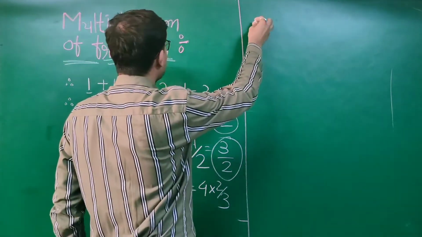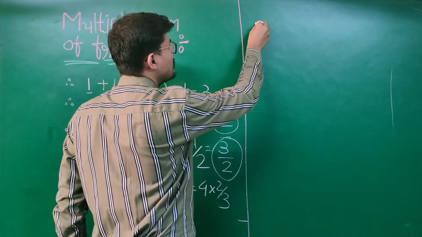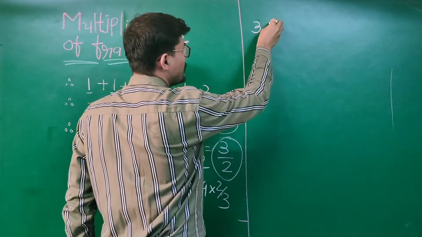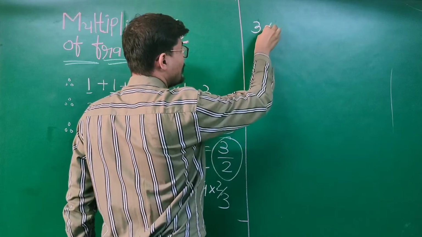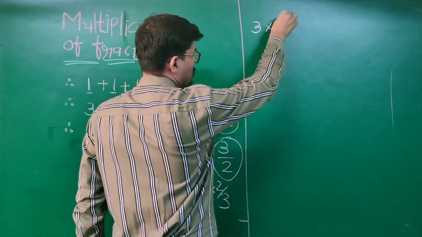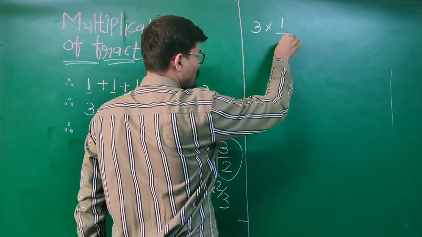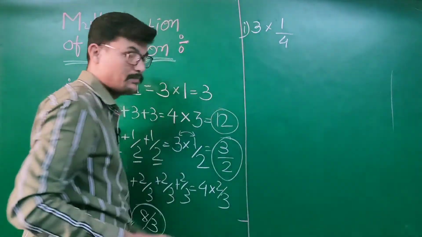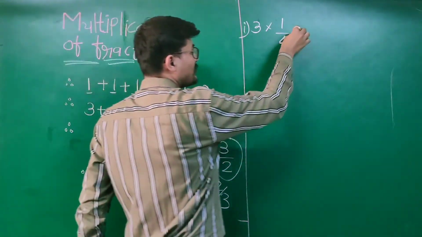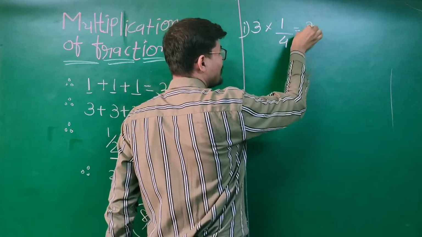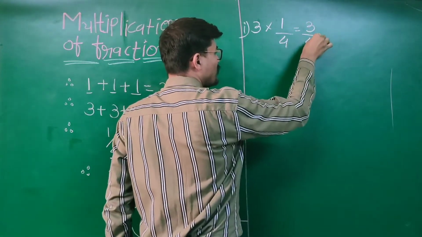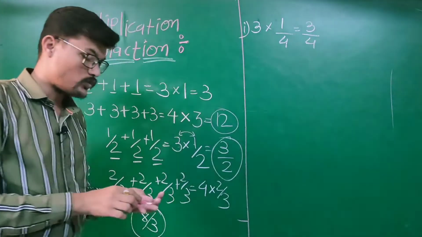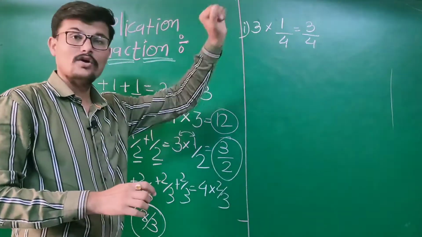We are taking one more example as 3 into 1/4. So what is the answer of the question? Simply, so 3 1 जा 3 upon 4 as it is. So we are getting answer here 3 upon 4.